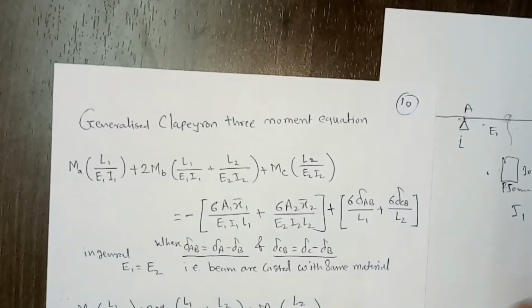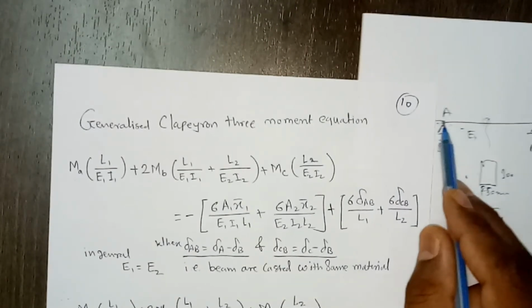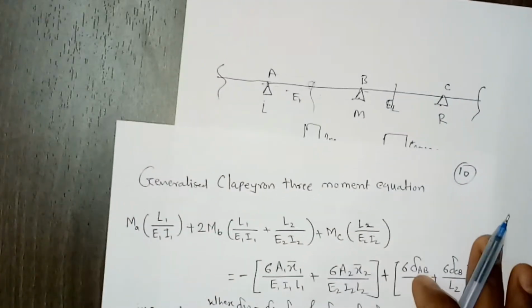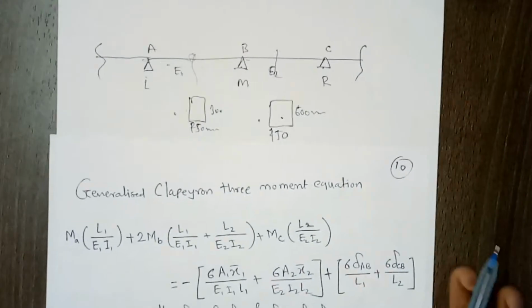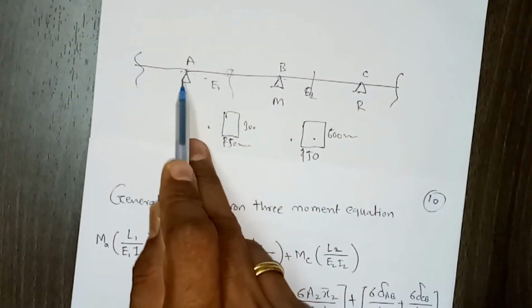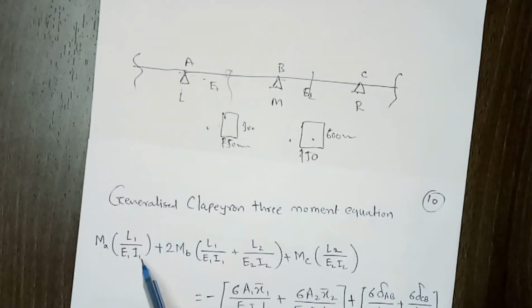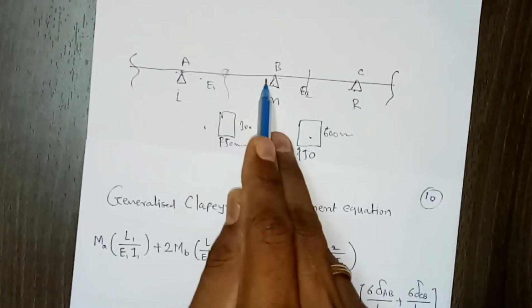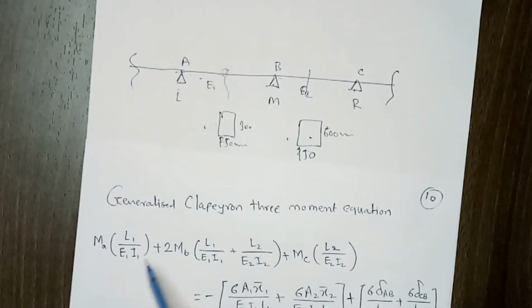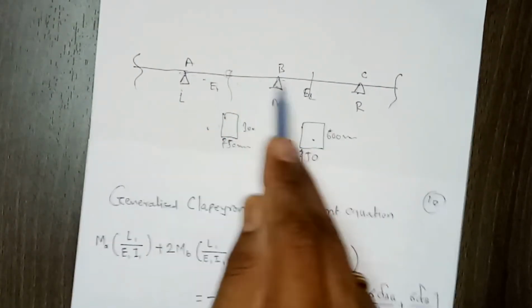So MA is the bending moment at the left support, for example here. Then L1 is the length of the first span, or say left span. E1 is the material property or Young's modulus of the left span AB here. Then I1 is the moment of inertia of this AB span.